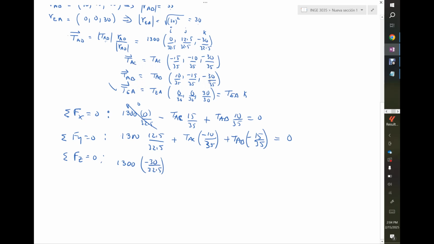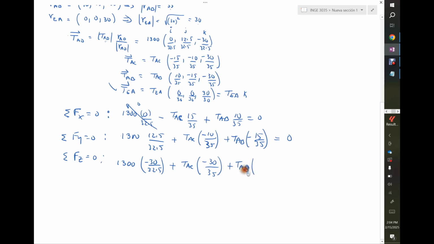In this case, let's see, that one we got, and then we need to put TAC, and that TAC will be plus TAC, minus 30 over 35, and now we are moving to TAB, plus TAB.